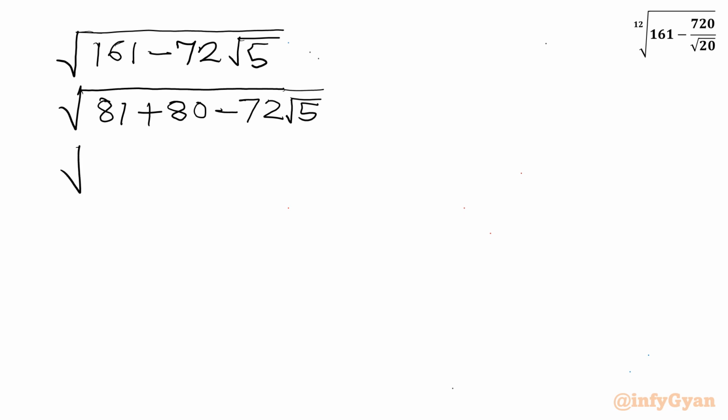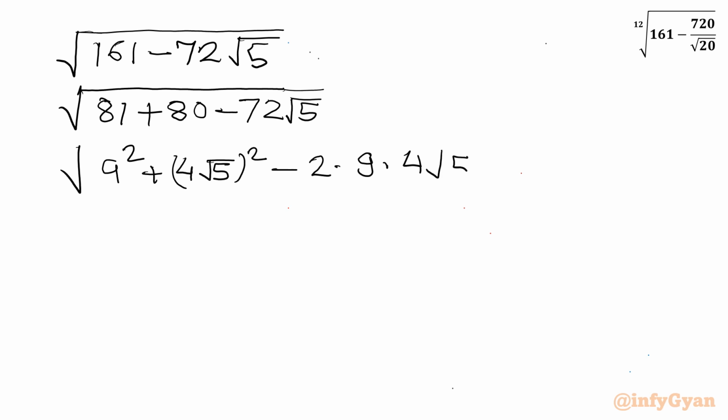Now 81 we can write it is 9 square. 80 we can write 4 root 5 whole square, minus 2 times 9 times 4 root 5. So 2 times 9 is 18. 18 times 4 is 72 square root 5.